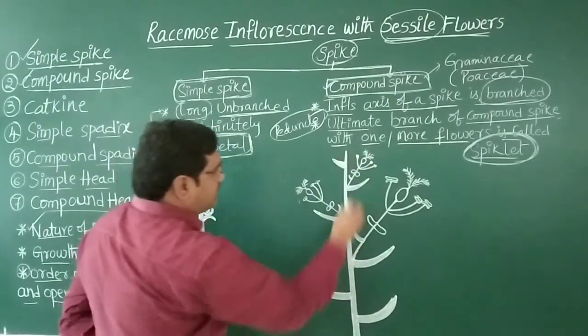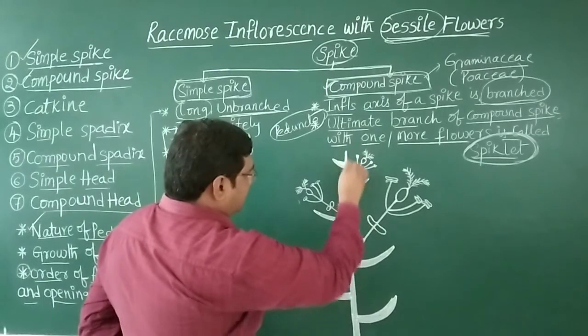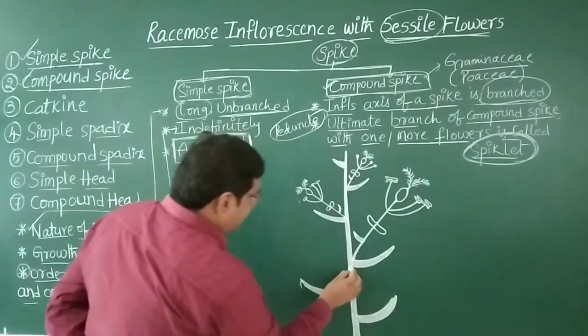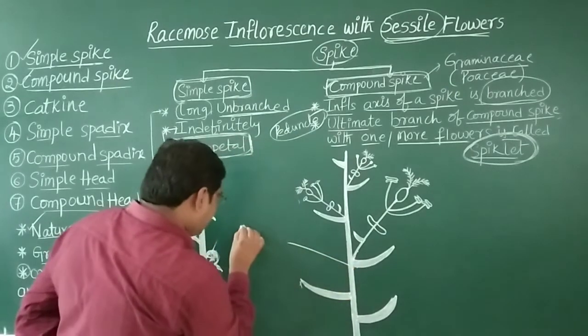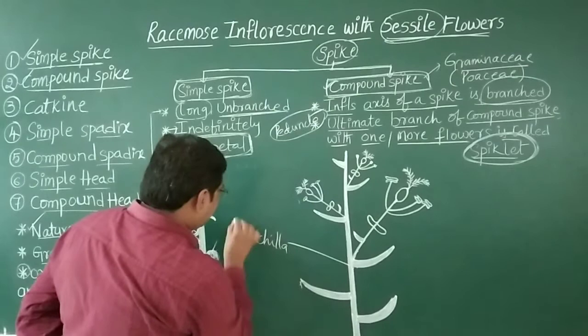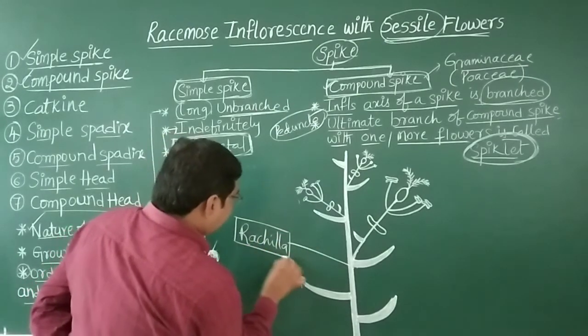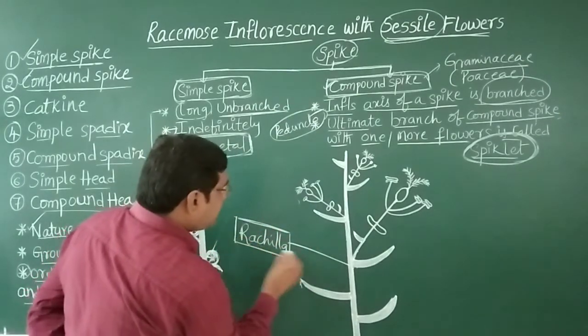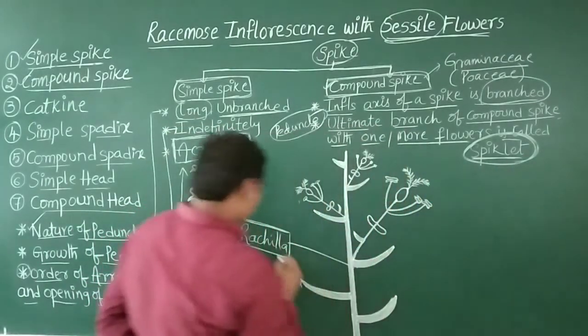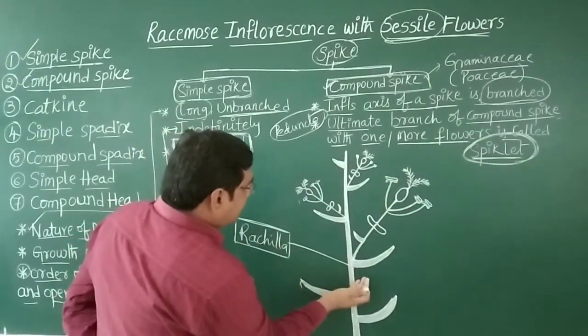In this spikelet, the main axis of the spikelet is called the rachilla. This is the rachilla. It is the main axis of the spikelet.